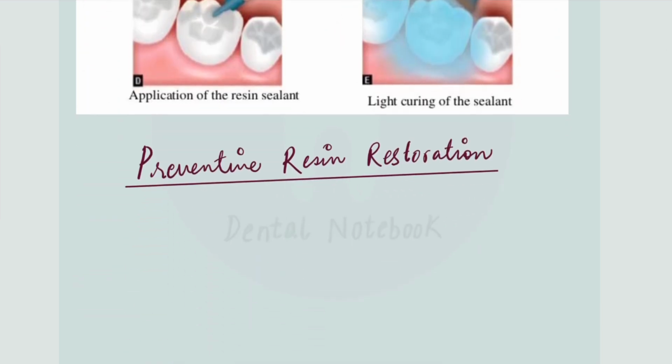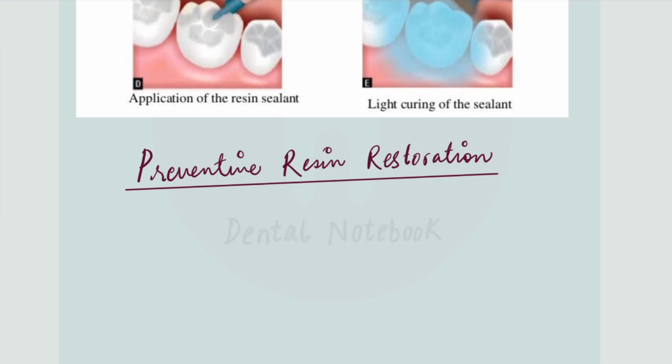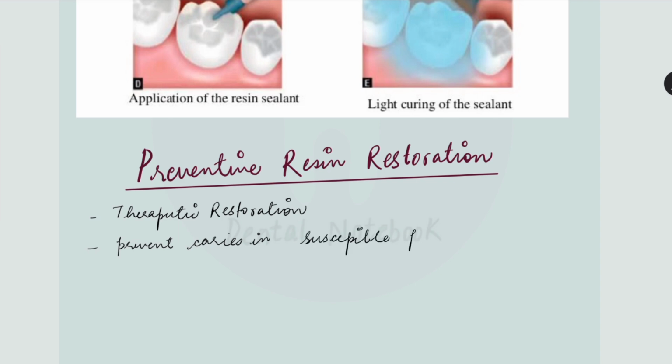Now we are going to read about the preventive resin restoration. Here it is a kind of therapeutic restoration. It is done to prevent caries in susceptible pit and fissure.